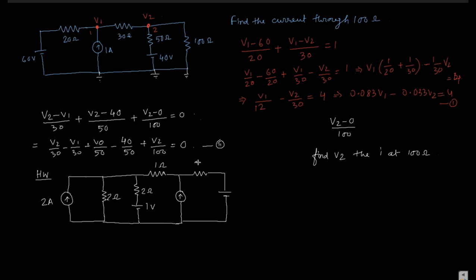This is 2 ohm, again 1 ampere and 2 volt. So find VA and VB. This is your VA and this is your VB. Find VA and VB.